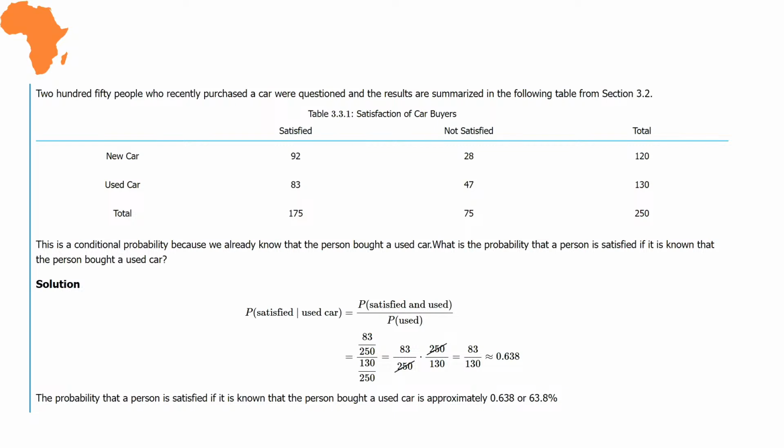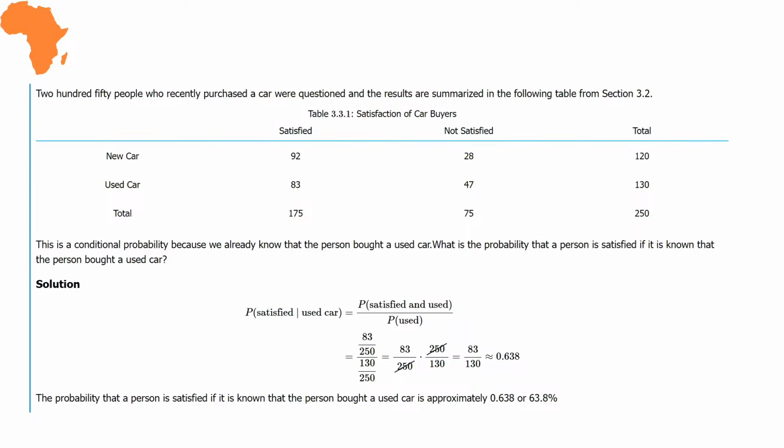Satisfied given they bought a used car is the probability of satisfied and used, which is 83 over 250, divided by probability of used, total, 150 over 250. That cancels, and it becomes 83 over 130.